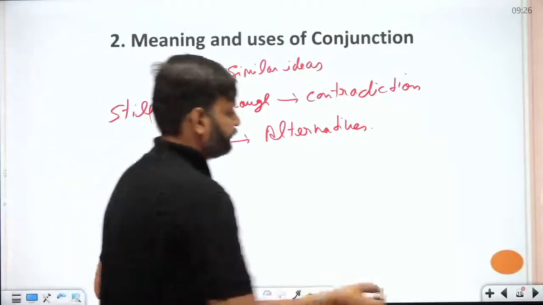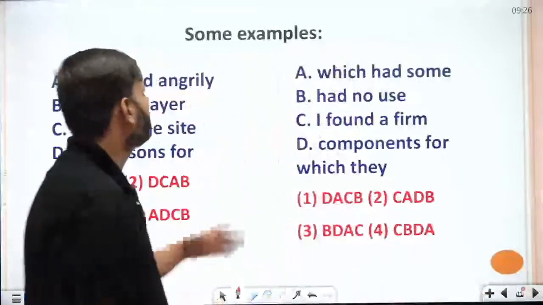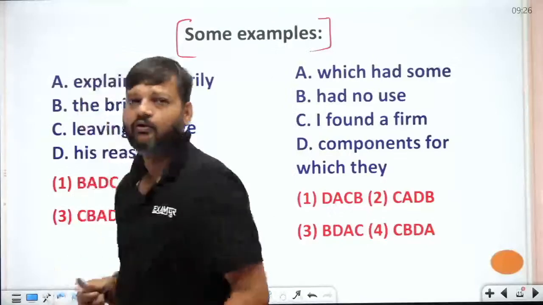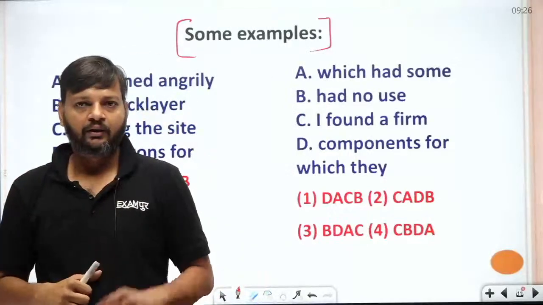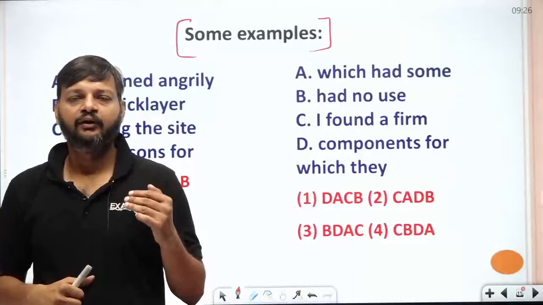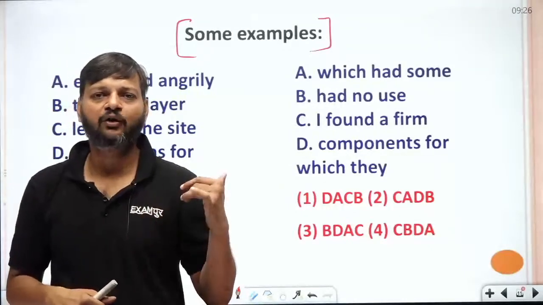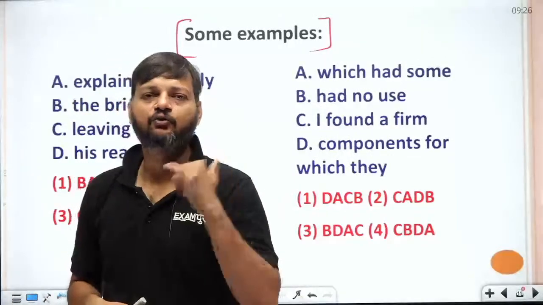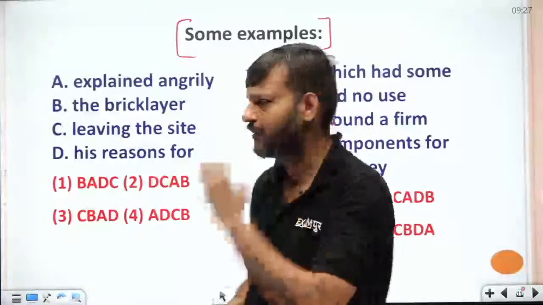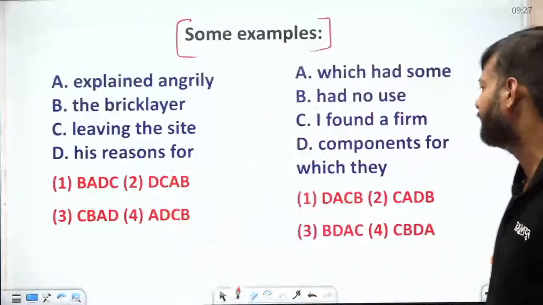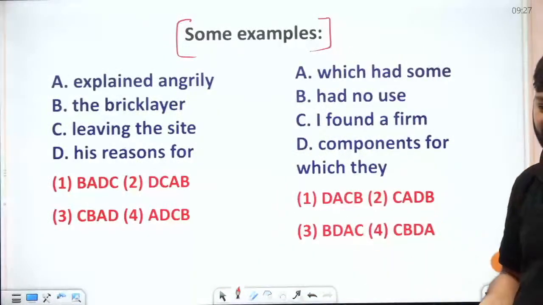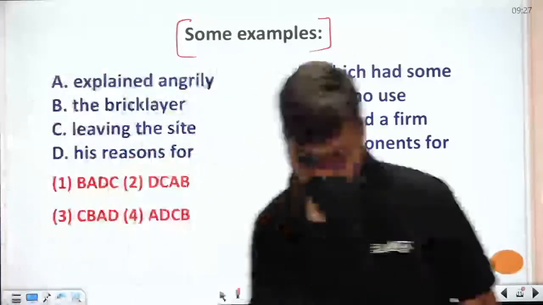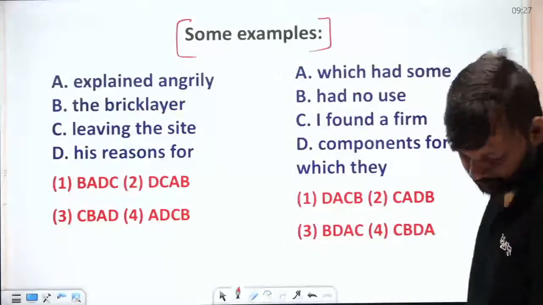Now let's see some examples. At the count of 3 you have to start solving both the sentences, then I'll tell you the answer. You have just 45 seconds to solve both the questions and your time starts now. I want all your answers, both the answers.